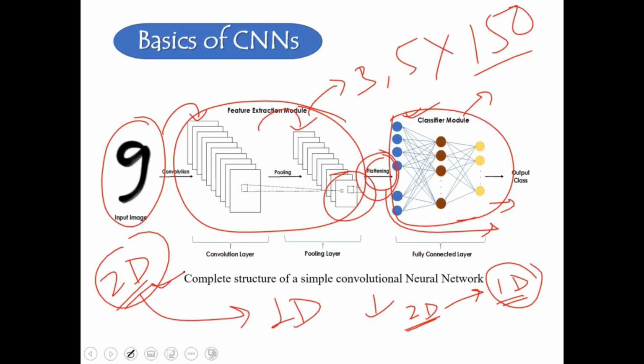That's all. Sequentially, it will do it. No other operation is there. It will just take each individual value and put it in a vector, and that vector will be input to this classifier module. After that you can apply a number of hidden layers, and finally you will get the output.